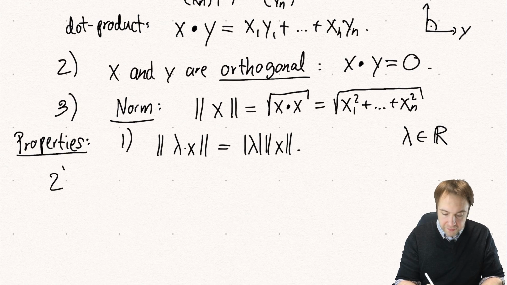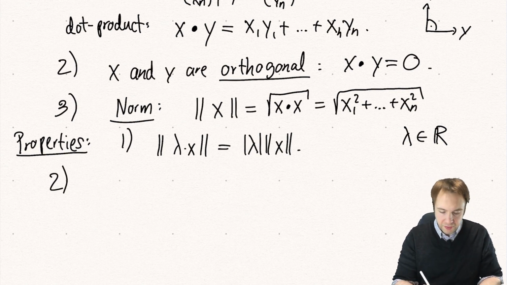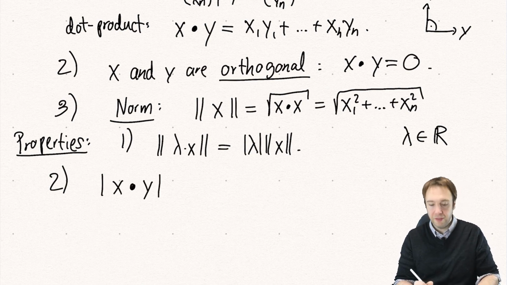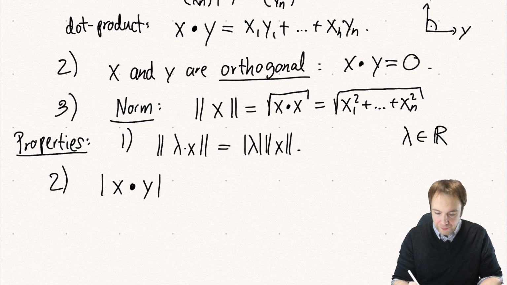And the second statement is an inequality. So if I take the dot product of x and y and take the absolute value, then the statement is that this is smaller than the product of the norms of these two vectors.